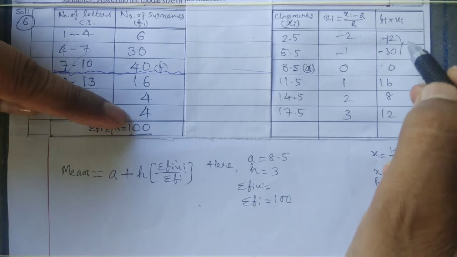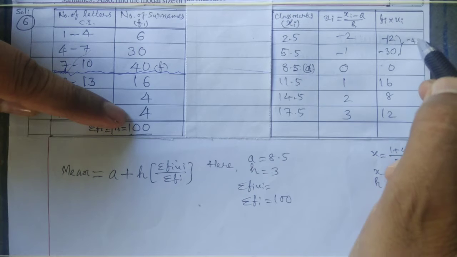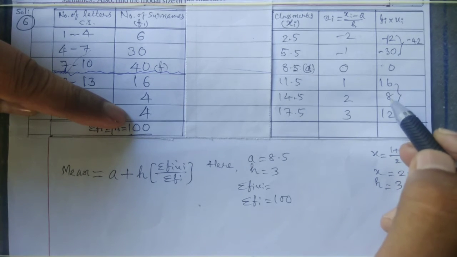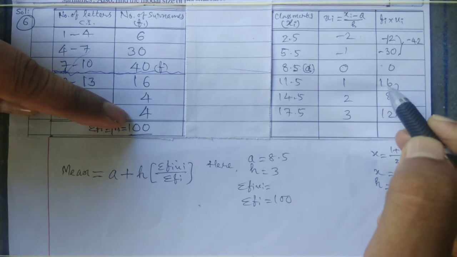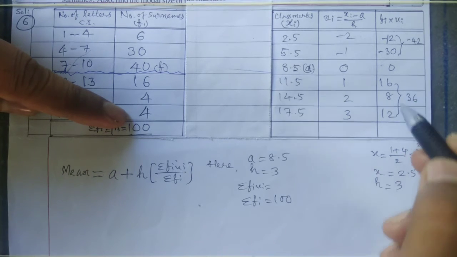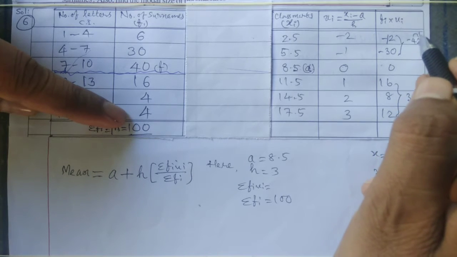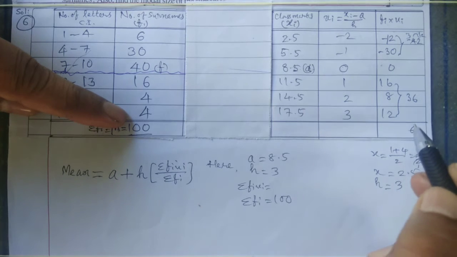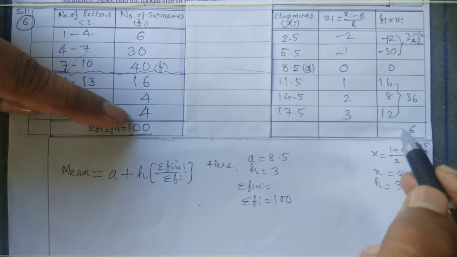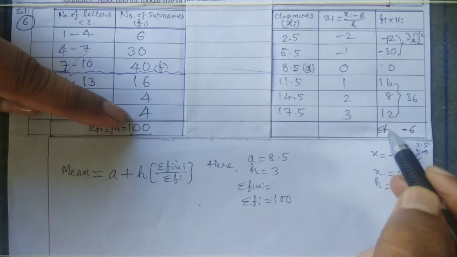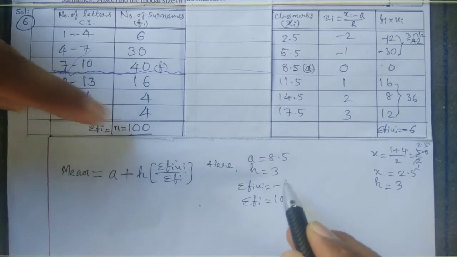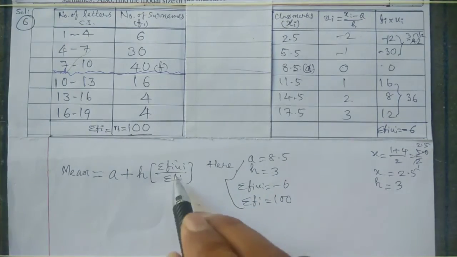So negative numbers total -42, positive numbers total 36. Subtracting these, 42 minus 36 is 6, so sigma Fi Ui is equal to -6. Substituting these values in this formula, we can find the mean.